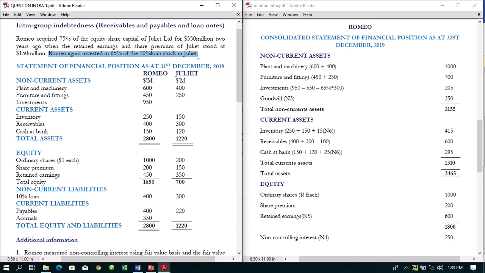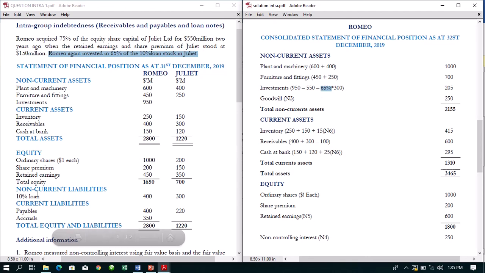And don't forget, the parent company cannot in real sense invest in the subsidiary because they are seen as one company. So as such, we have to remove 65% of the loan note of the subsidiary from this investment.